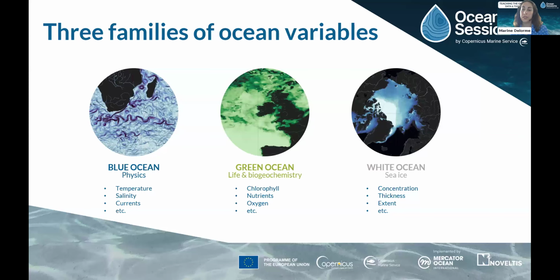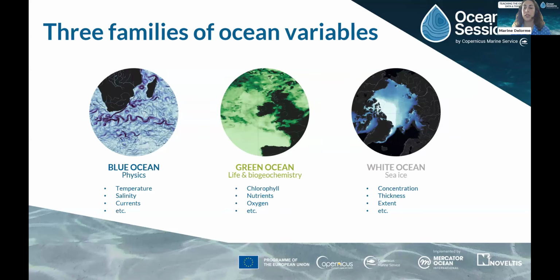To make the ocean easier to explore, Copernicus Marine groups variables into three main families. The blue ocean covers physical processes such as temperature, salinity, currents, sea level, winds, and waves. The white ocean focuses on sea ice variables like concentration, thickness, and motion.